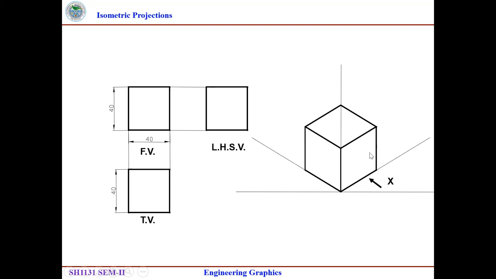If you are drawing in the top view, then horizontal lines should be parallel to this. If you are drawing in this direction, that should be parallel to this line. So you can see here 1 2 3 are parallel to each other, 1 2 3 are parallel to each other, and then 1 2 3 these vertical lines are again parallel to each other.